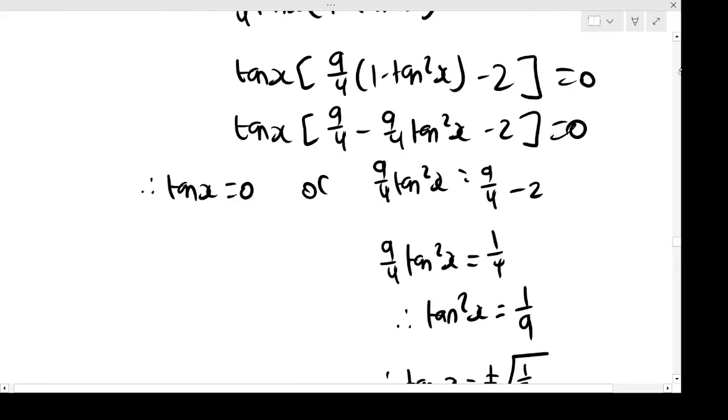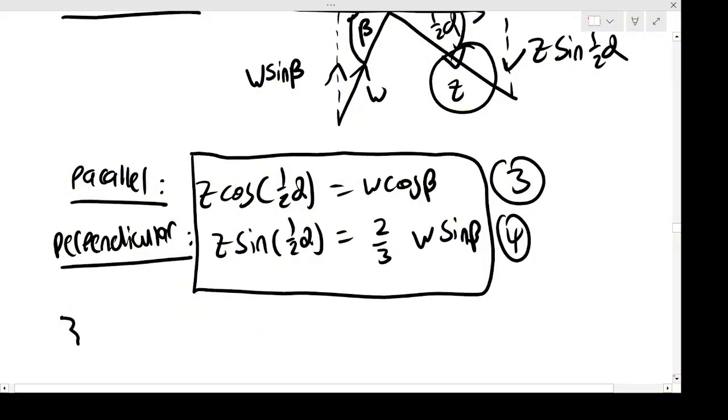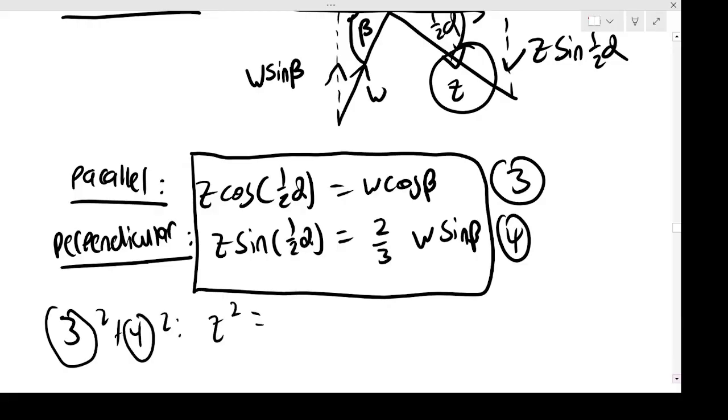Well, if it was to solve for the speed, if I look back to my, let's say, these parallel and perpendicular equations, what we'd usually do is we'd square them and add them, right? But if we were to do it here, very quickly you'd get z squared to be w squared lots of cos squared beta, and then 4 over 9 sine squared.